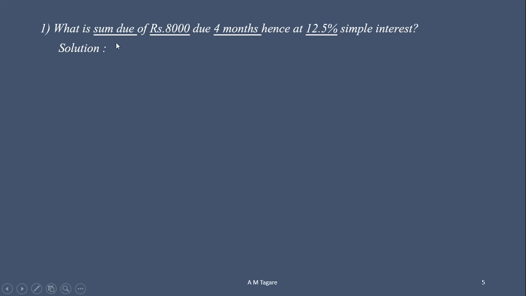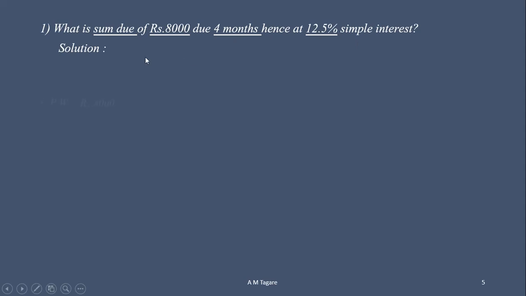Now here sum due of rupees 8,000, these things are given. What is sum due? So we want to find the sum due of rupees 8,000. That means here present worth is rupees 8,000 due 4 months hence. So the value of period N is given as 4 months and the value of R is given.